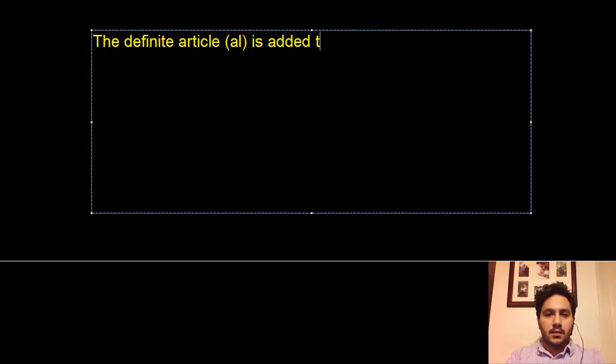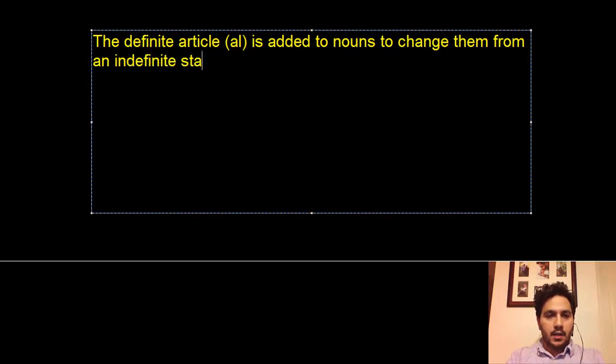The conclusion is the definite article alif lam or al, let's put that in brackets, is added to nouns to change them from an indefinite state to a definite state.